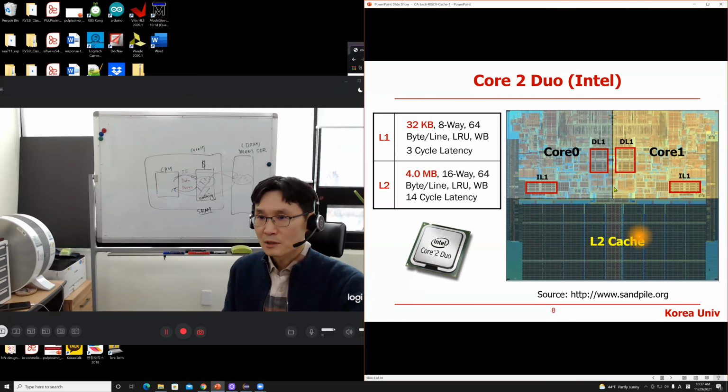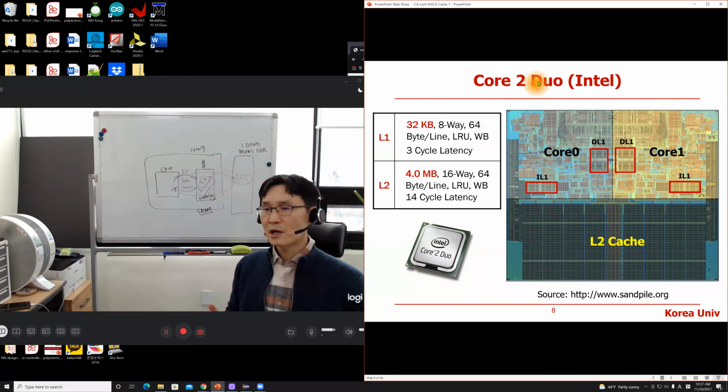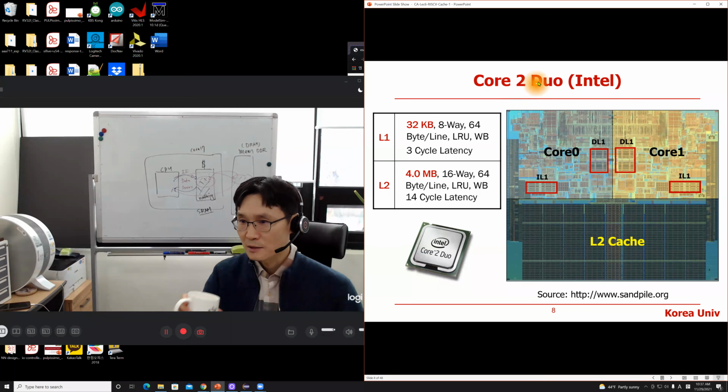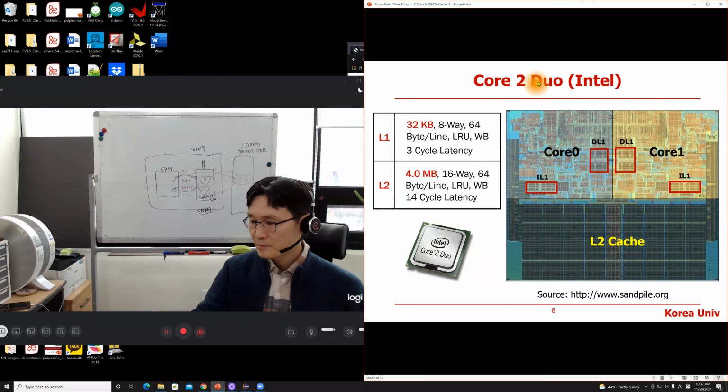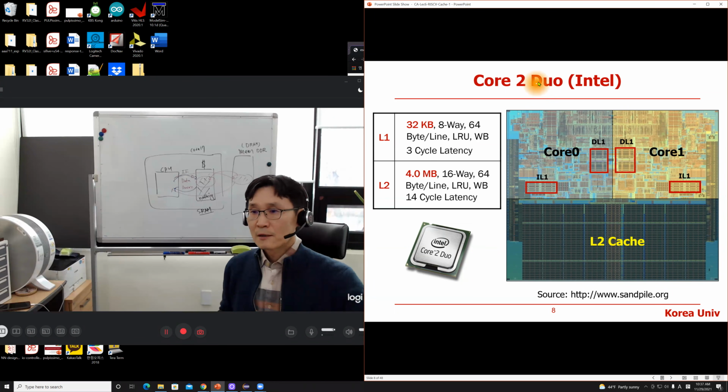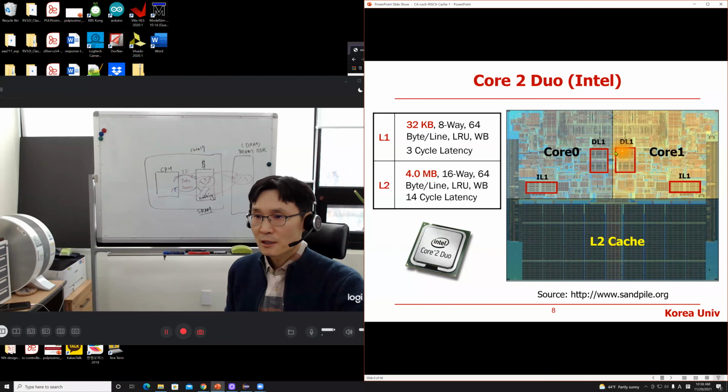This Core 2 Duo is a more than 10 years old processor from Intel. So we have two CPU cores, and each core has private level 1 caches, a private instruction cache and data cache. The second core is the same thing.